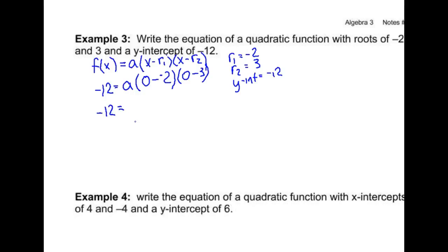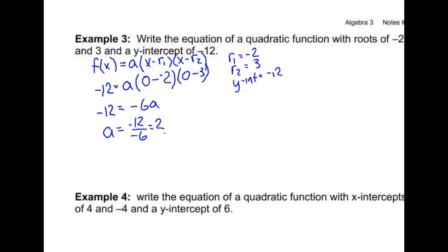A times positive 2 is 2a, and then we multiply that times negative 3, and we get negative 6a. All right, we're trying to solve for a, so we're going to divide both sides by negative 6, and a is equal to negative 12 divided by negative 6, which is equal to a positive 2.